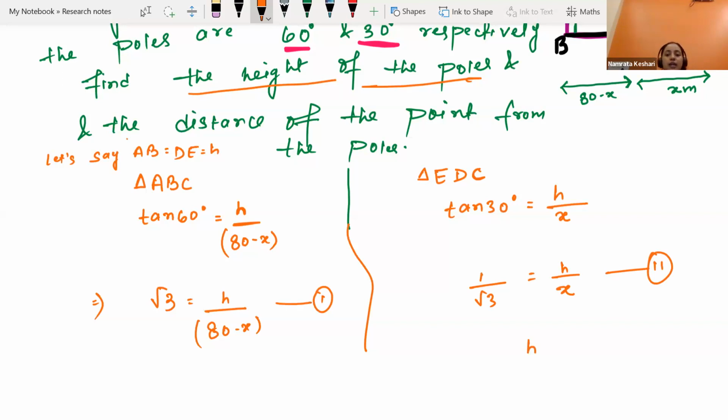If we take out H from equation 2, what will H be? Or from equation 1, if we are trying to find H, what will H be? Who will say?